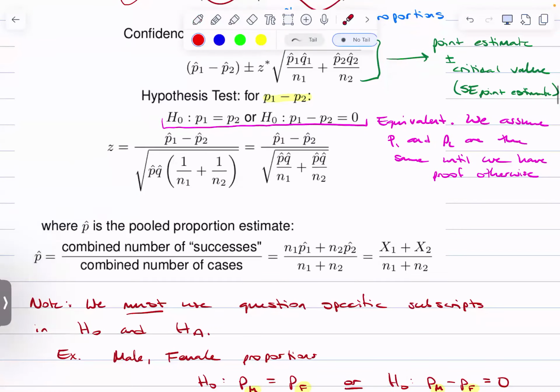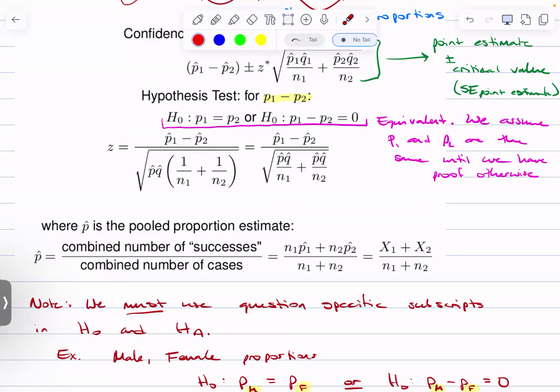Now, so step 1, state your null and alternative hypotheses, right? Here it is. And once you've tacked on your question-specific subscripts, then that is your null hypothesis, right? And you can figure out your alternative by just doing the same thing, but changing the sign. Not an equal sign anymore.